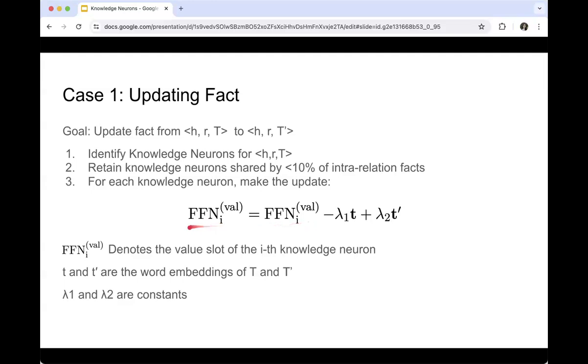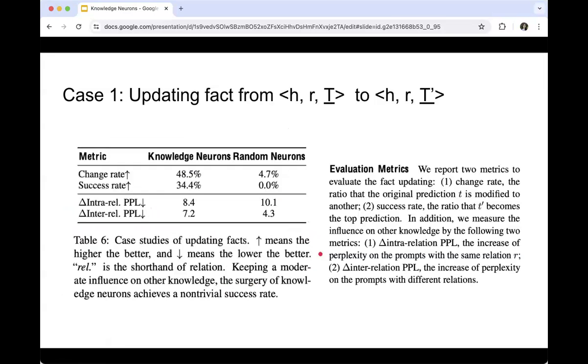And so recall that the value slot of a neuron is in the second layer of the feed-forward network. And we would do this edit for each of the knowledge neurons that we identified. Lambda 1 and lambda 2 here are constants, and in the paper, they used 1 and 8 respectively.